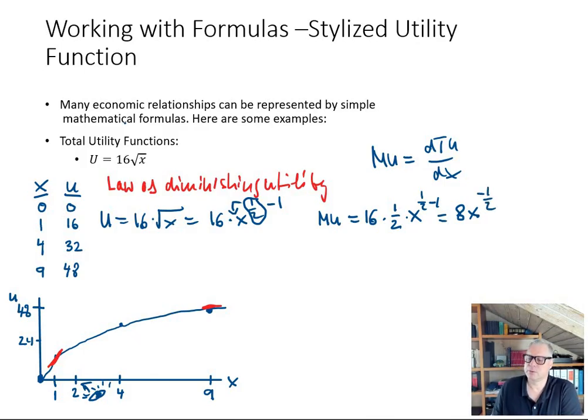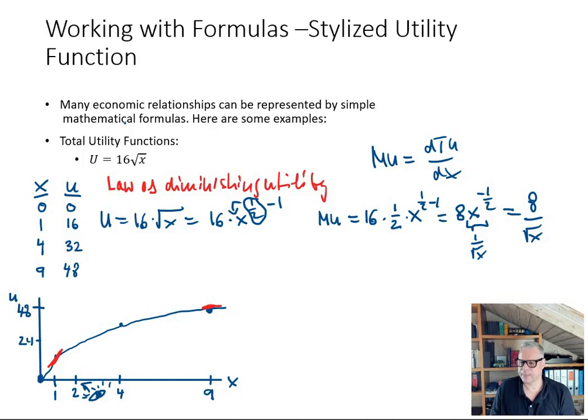This term can also be written as 1 over the square root of x. So the result of the marginal utility is 8 over the square root of x.